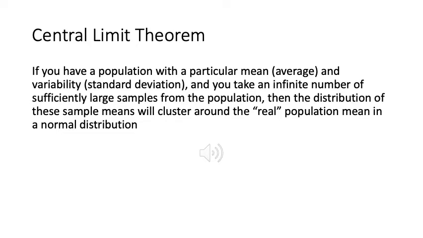But if we take an infinite number of samples that are representative of the population and sufficiently large, then the distribution of these sample means will cluster around the real population mean in a normal distribution. So if we take an infinite number of samples, of course, practically we never do this, but let's suppose in theory we can do it, then the results should cluster around the real average, the real mean, in a normal distribution. And we'll talk about what a normal distribution is.